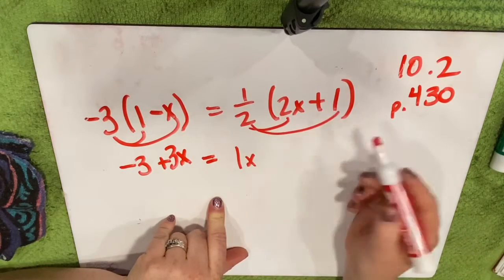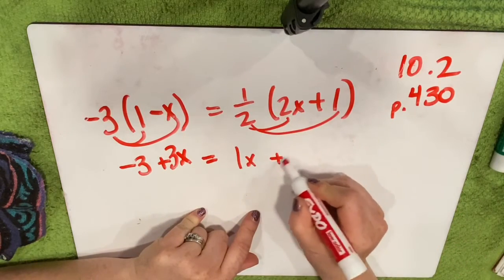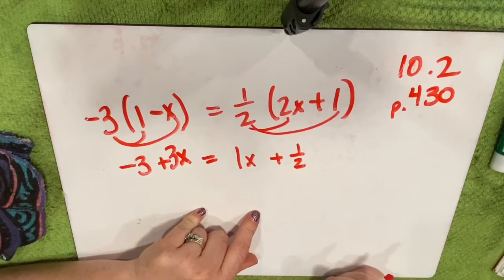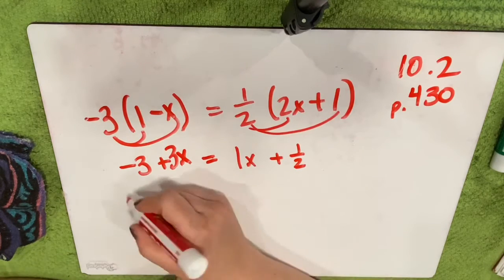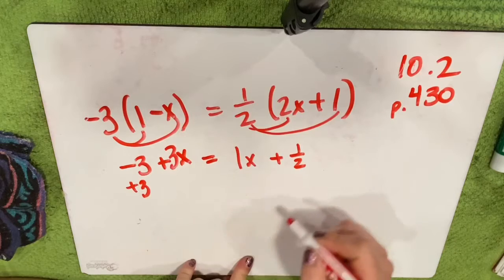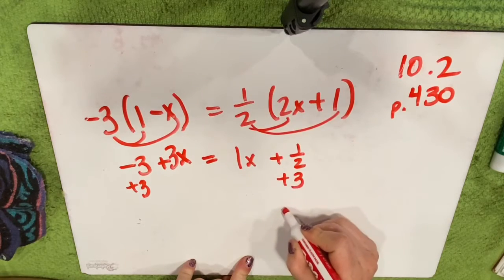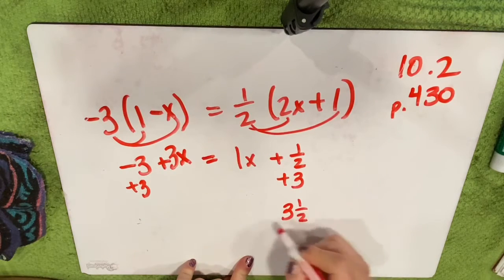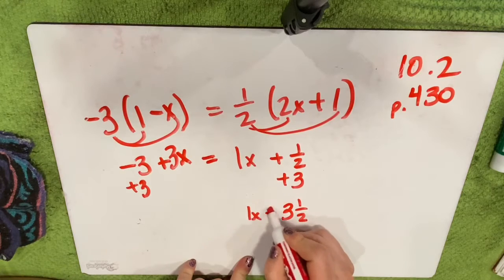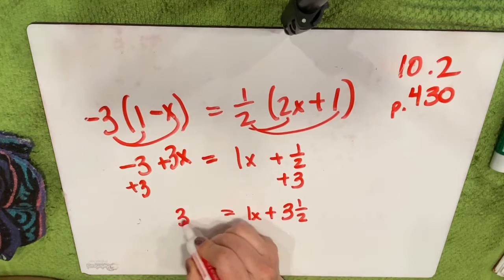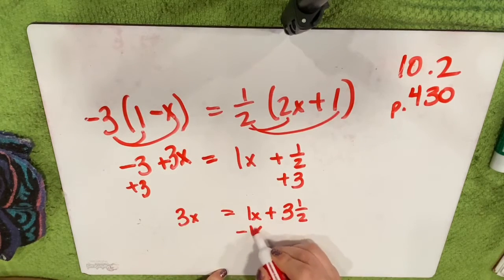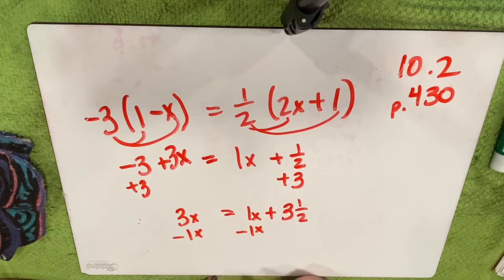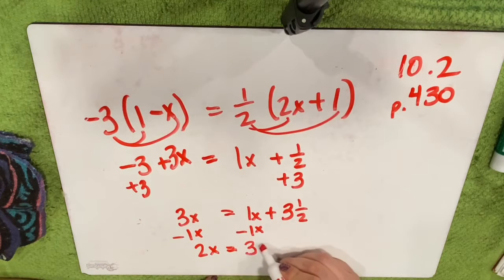And then half of 1 is 1/2. Okay, so I'm going to plus 3, plus 3. Now I have 3 and 1/2 plus 1x equals 3x. So I'm going to minus 1x, minus 1x. So now I have 2x equals 3 and 1/2.